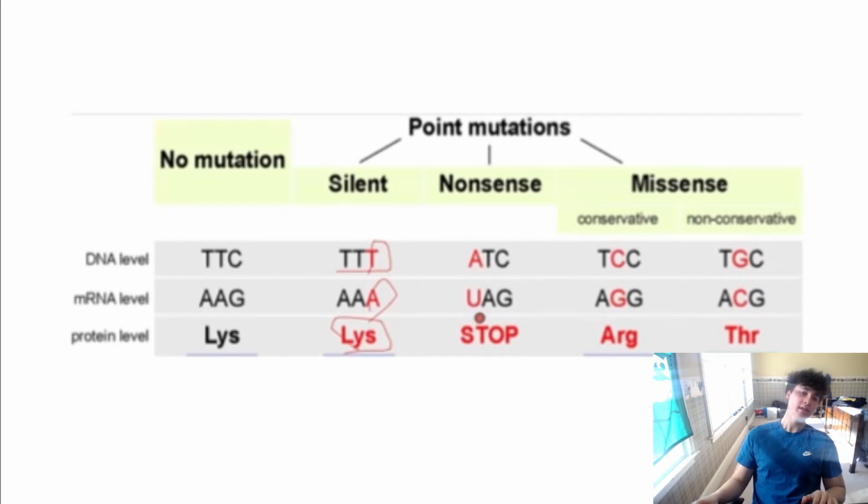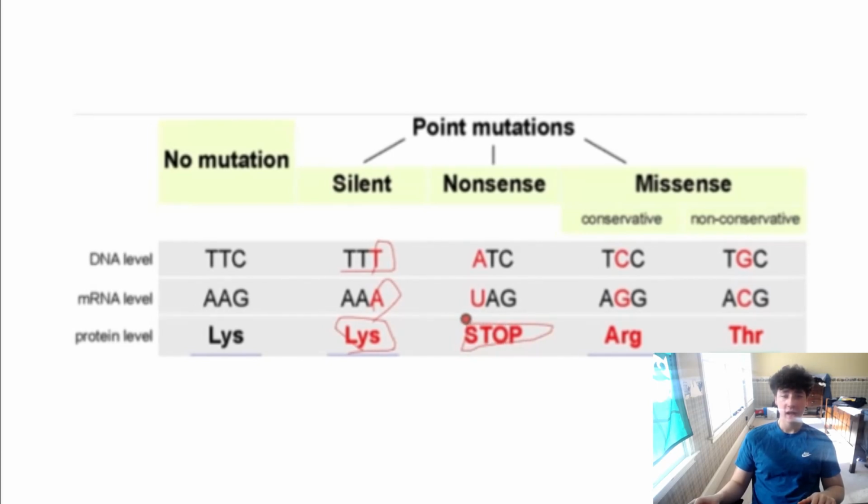Now, in nonsense mutations, a letter is swapped out or substituted, and it codes early for a stop codon. The stop codon is just going to end the peptide chain production, and it's not going to be able to make a protein.